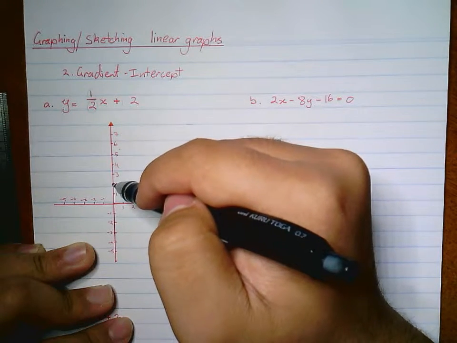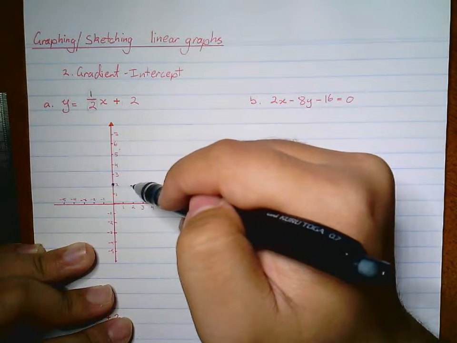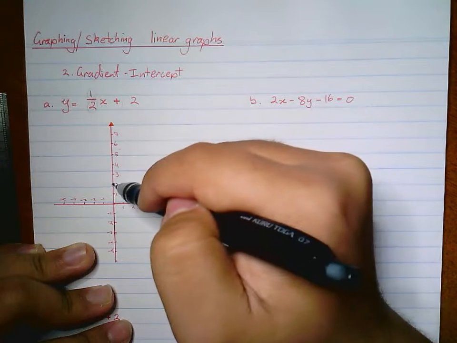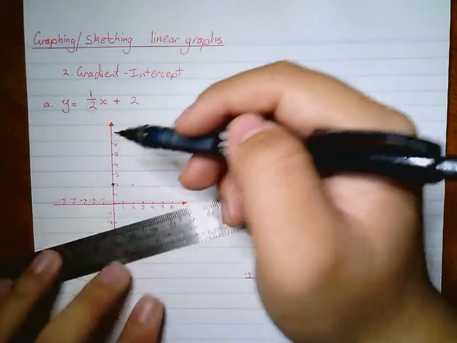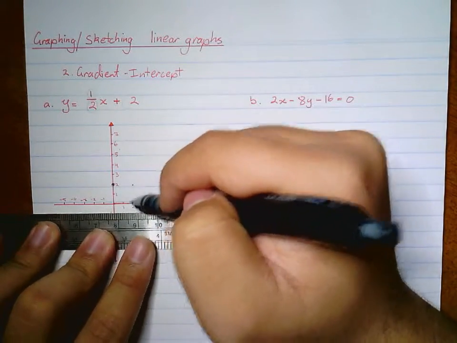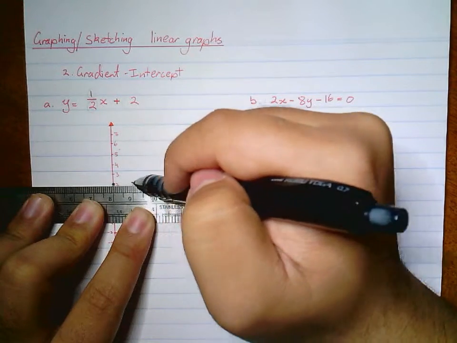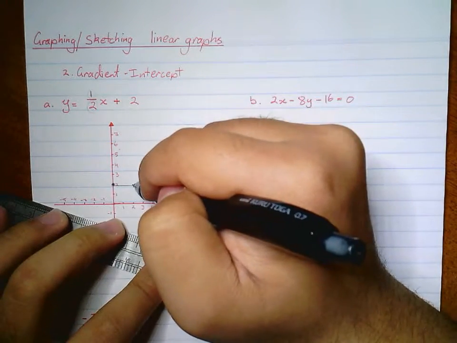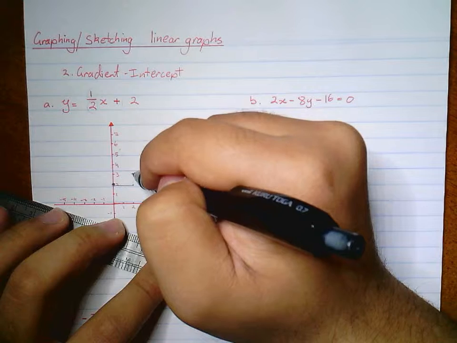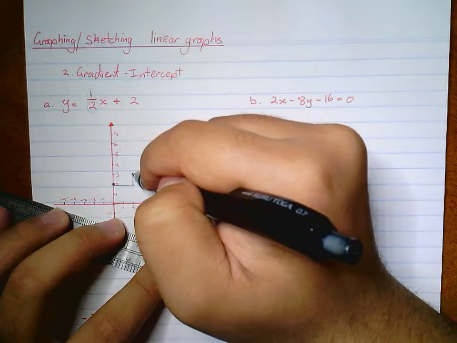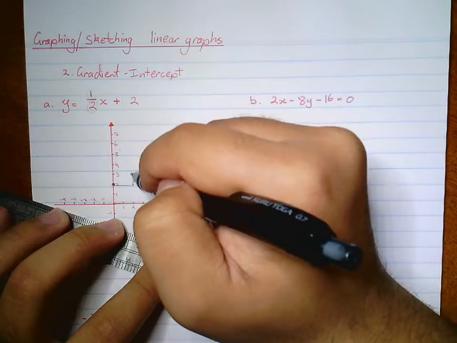So 2 units across here would be here at 2. That's 2 units from 0, 1, 2. That's 2 units across. It would have risen 1 unit there. That is our gradient. And that's the next point there.